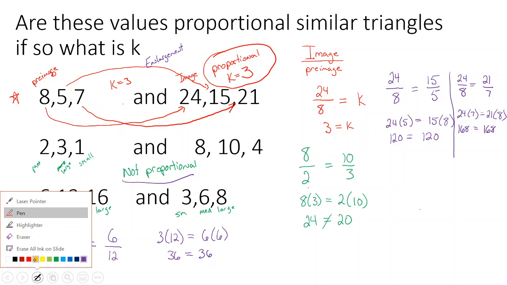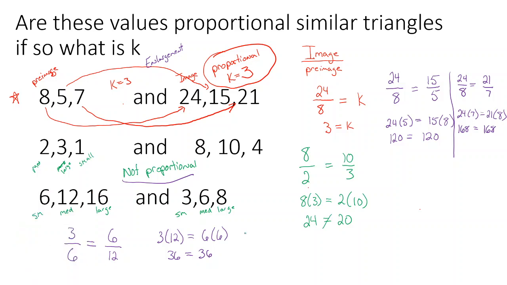But again, I really want to try this again for, let's do the small and the large. So with the small, it's 3 is to 6 as 8 is to 16. Again, I put the image over the pre-image.